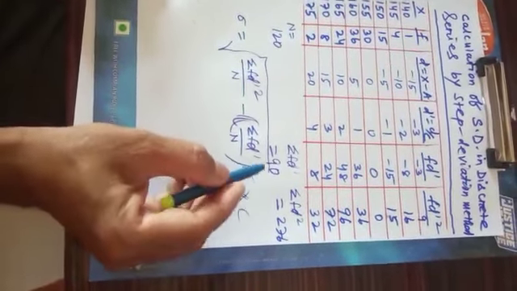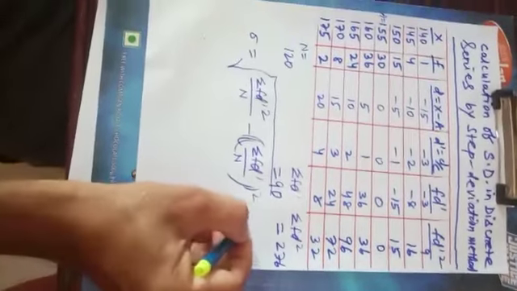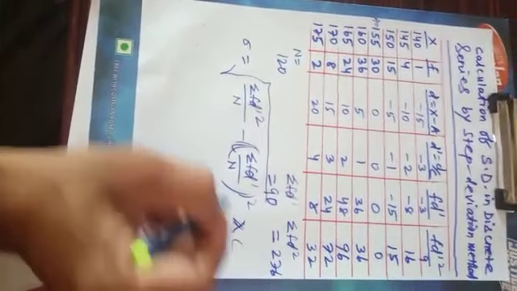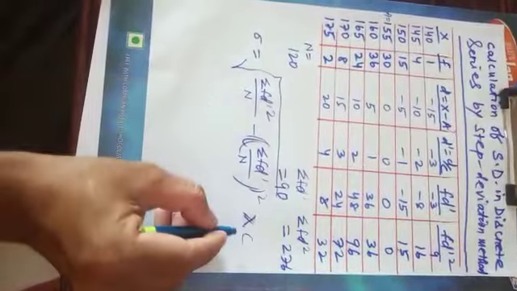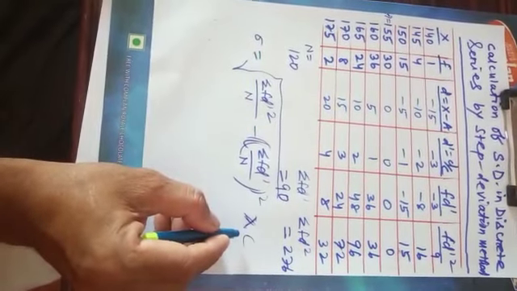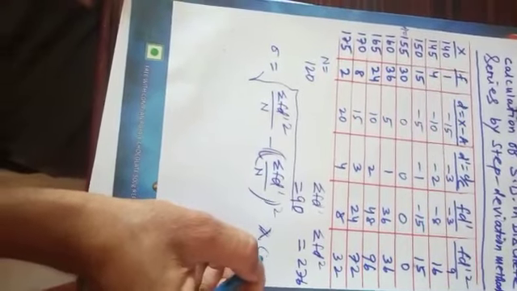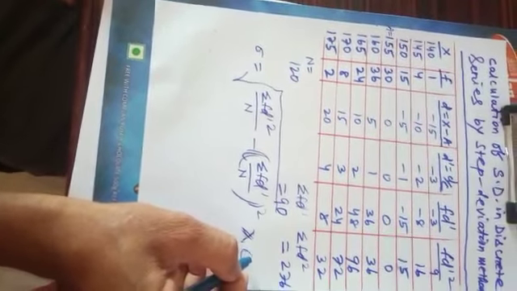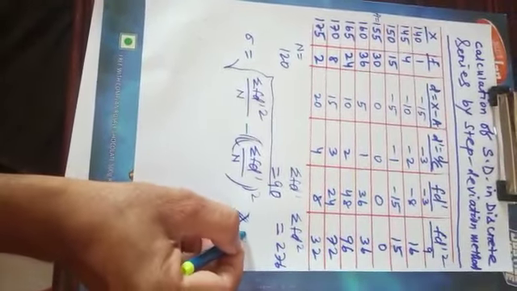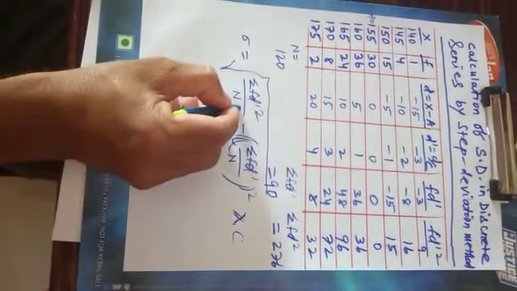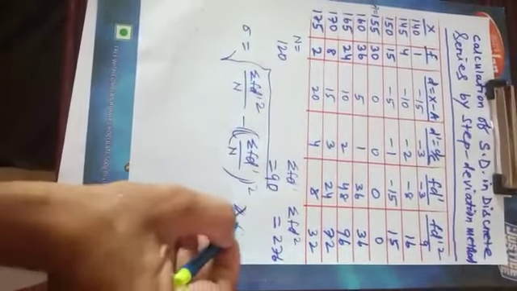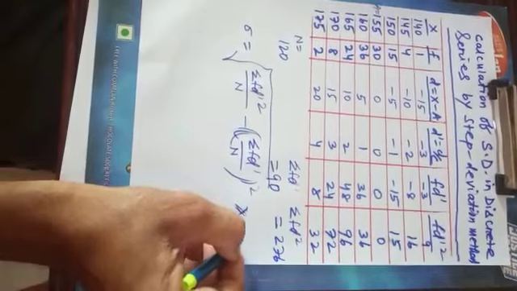So as we have divided by common factor, this c, the common factor, will be applied in the formula also, because standard deviation is not independent of the change of scale. That's why it will be into c.